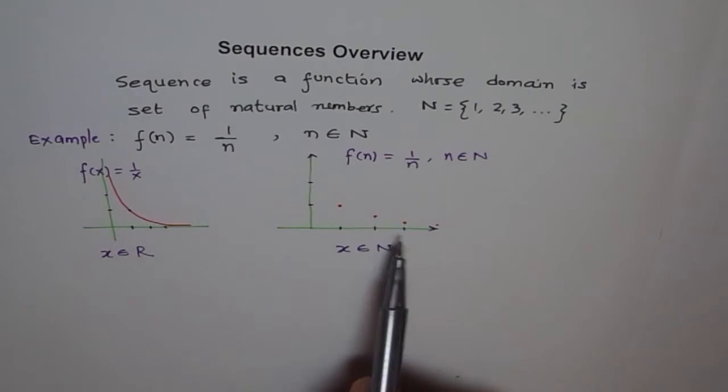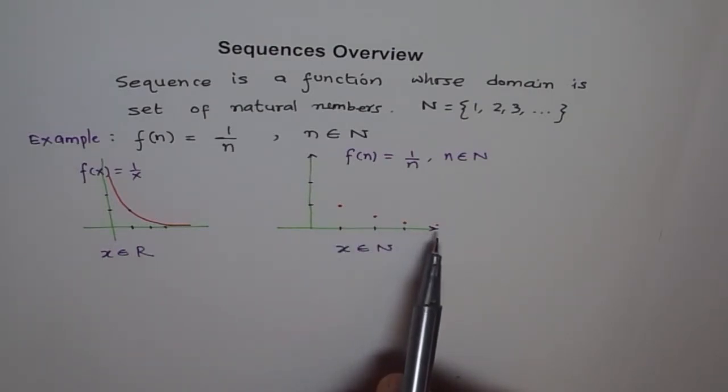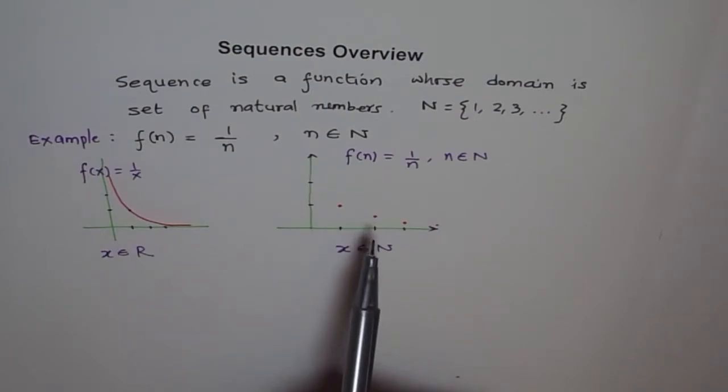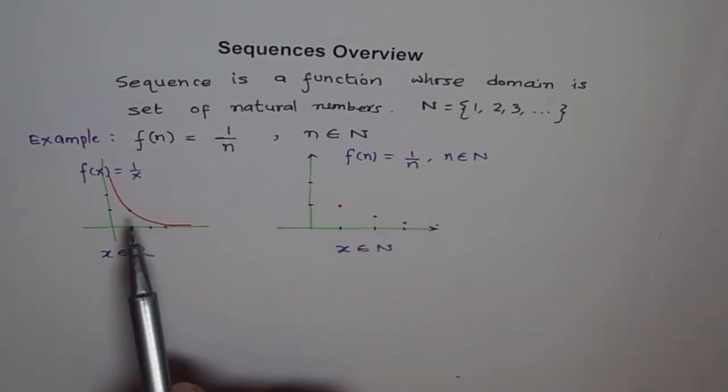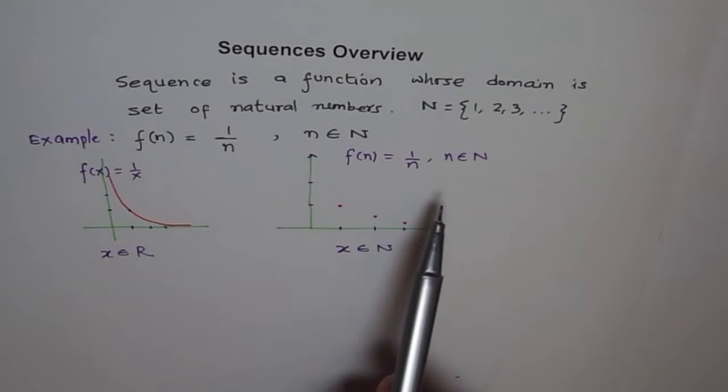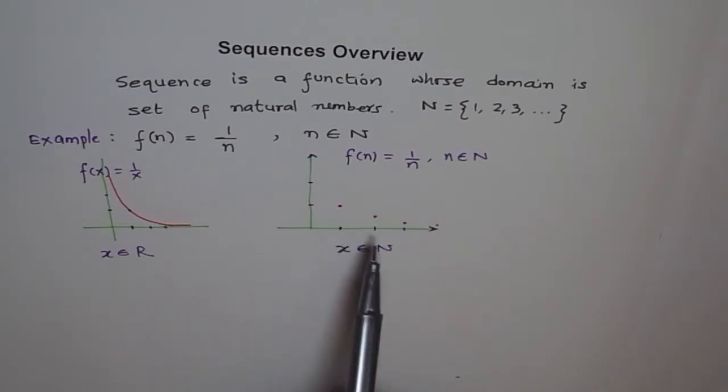So this becomes a discrete function. We change from a continuous to a discrete function as soon as we change our domain from real to natural numbers. So when you are thinking about sequences, think about natural numbers as part of their domain, and that will lead to a discontinuous or a discrete function.